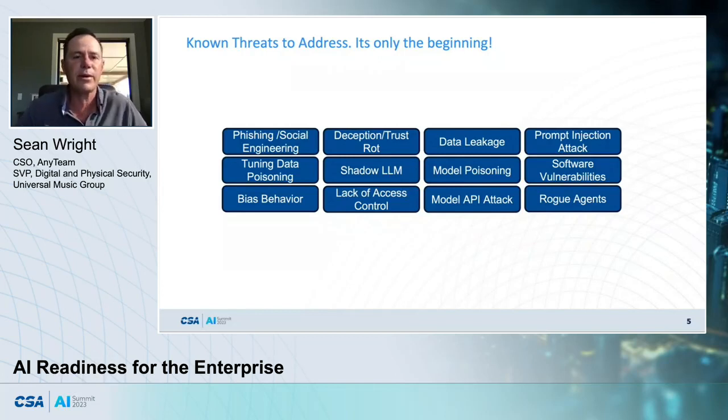In the past, we were able to pretty easily identify phishing and social engineering, but with the emergence of malicious AI conversational applications and agents, we are seeing very, very well-tuned phishing and social engineering, deception and trust rot, data leakage, of course prompt injection attacks, tuning, data poisoning, shadow LLMs, model poisoning, software vulnerabilities within the architecture of your AI technology system, bias behavior that we now have to consider, lack of access controls, model API attacks, and rogue agents sitting within your environment that you may not even know about.